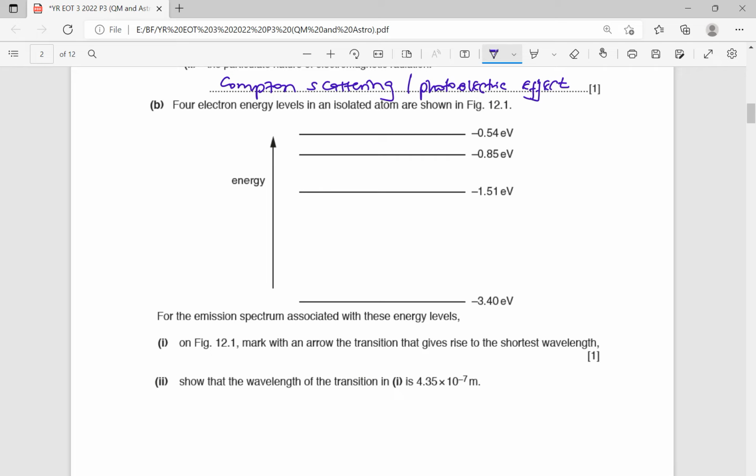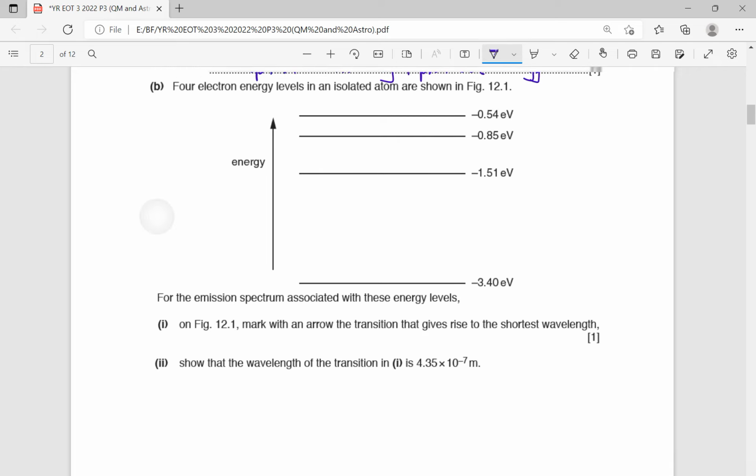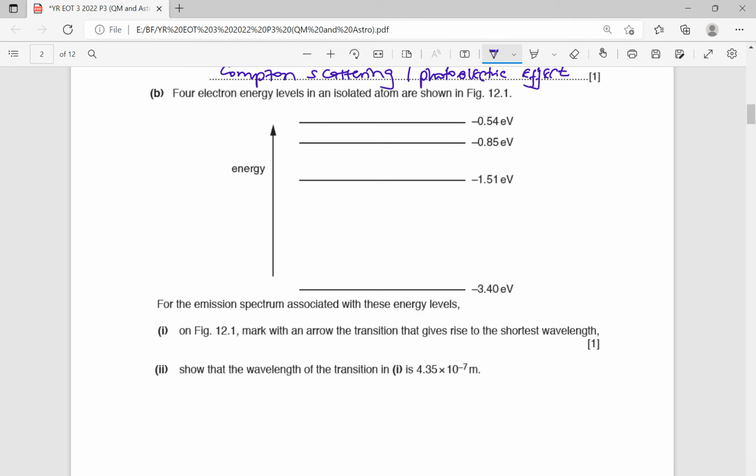Next, they gave us these energy levels and said for the emission spectrum associated with these energy levels, on the figure 12.1, mark with an arrow the transition that gives rise to the shortest wavelength. So to have a simple background, for the shortest wavelength, energy is equal to hf, which is hc over lambda.